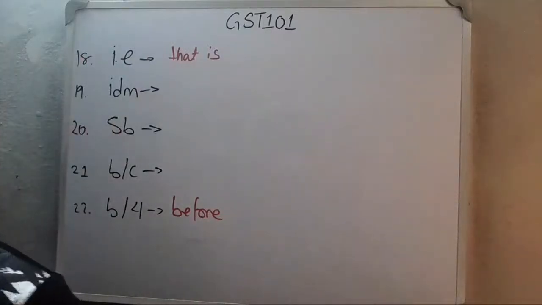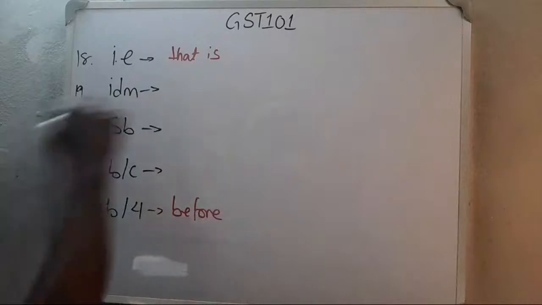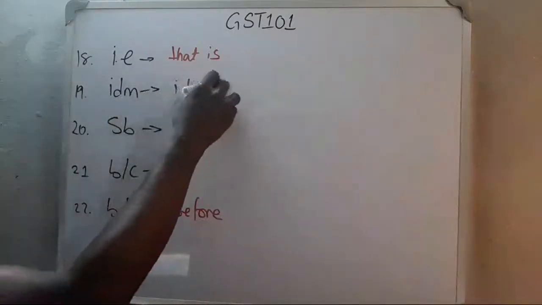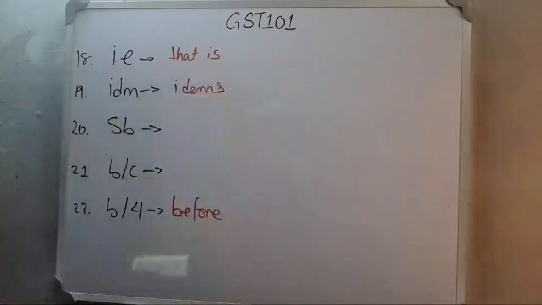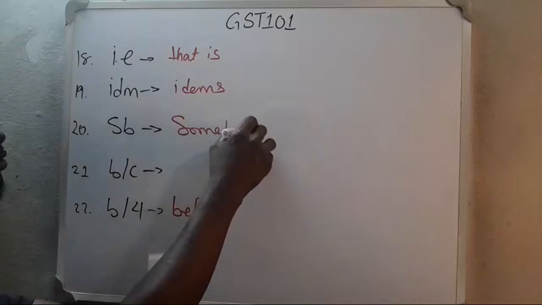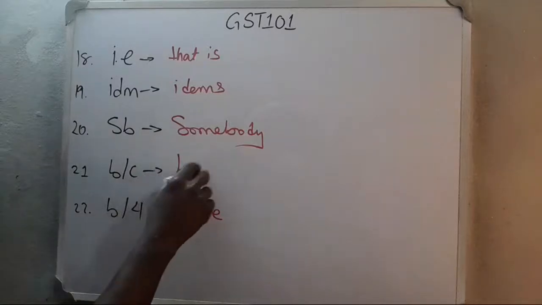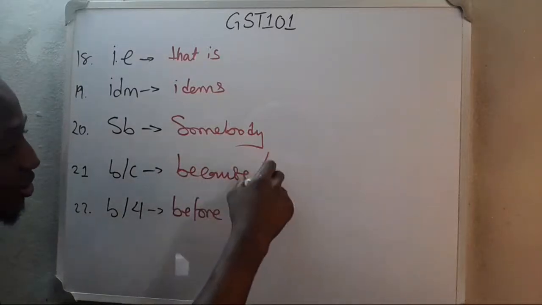All right. Okay, so we have idioms. So we have, this could be somebody. Okay, so we have somebody, and this should be because or became.